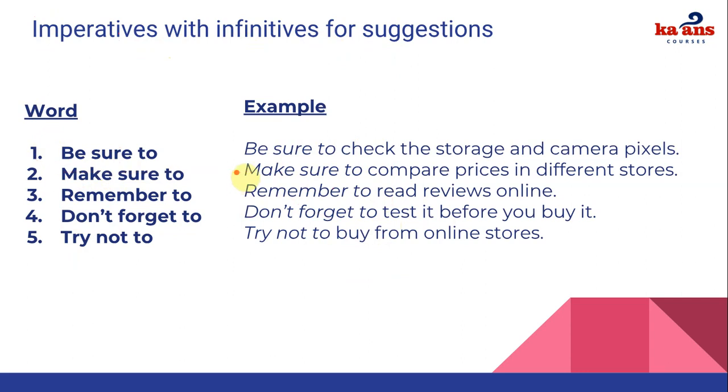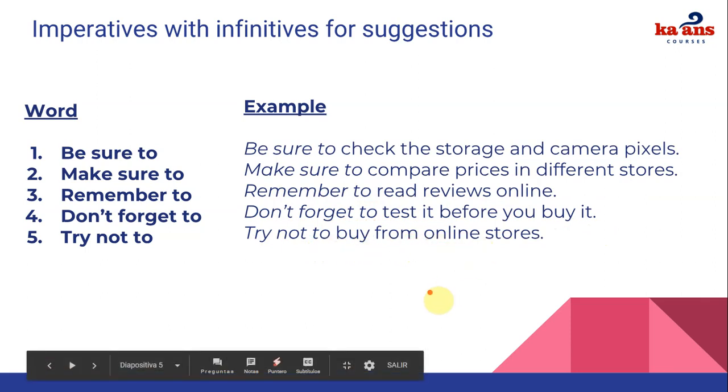Okay, so the example. Be sure to check the storage and camera pixels. Make sure to compare prices in different stores. Remember to read reviews online. Don't forget to test it before you buy it. And try not to buy from online stores.